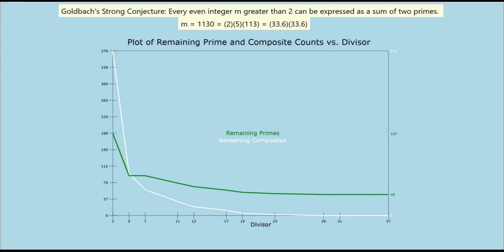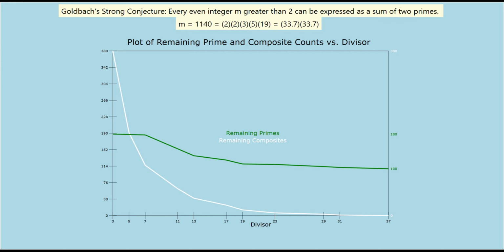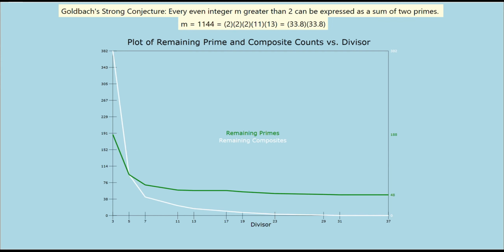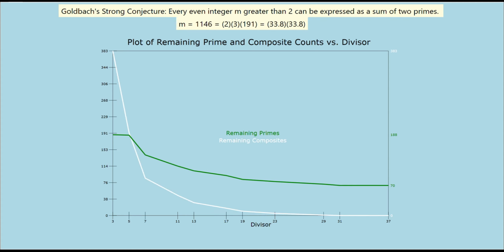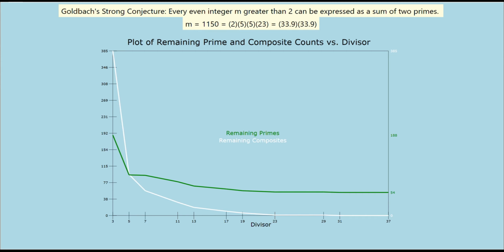What makes our method and our argument valid is that while the occurrence of primes may seem random, the occurrence of composites is far from it and can be exploited.